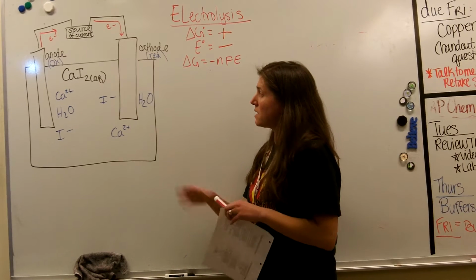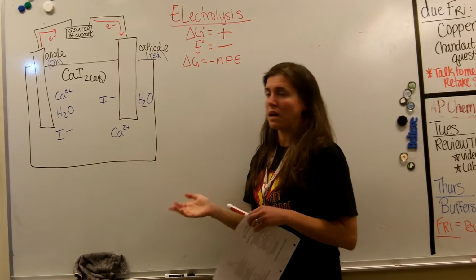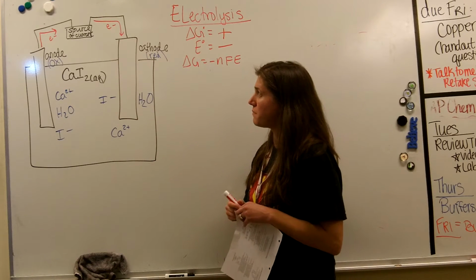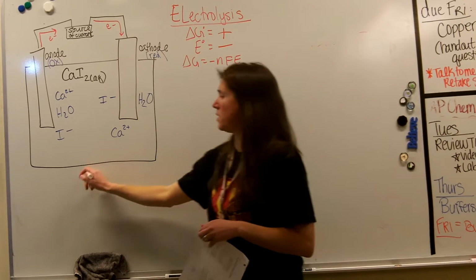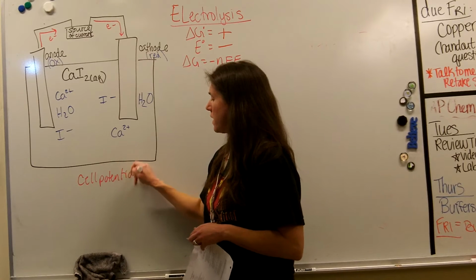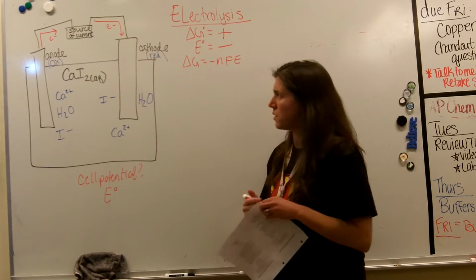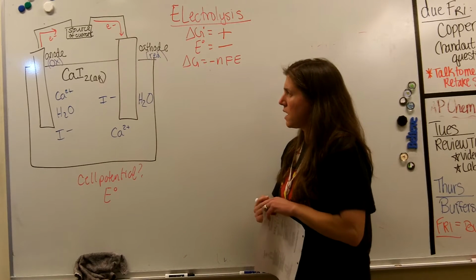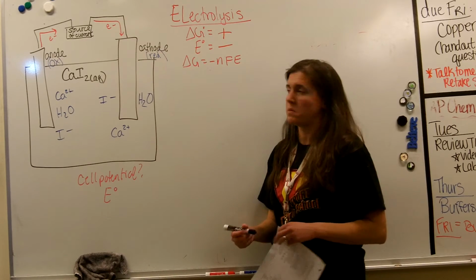Notice that in this solution, both electrodes are immersed in the same solution, so they're not separated out, unlike in a voltaic cell. So the question is, if we want to figure out the cell potential, and the cell potential is our E value, and we'll assume standard conditions, you have to ask yourself, who is going to be oxidized and who is going to be reduced?